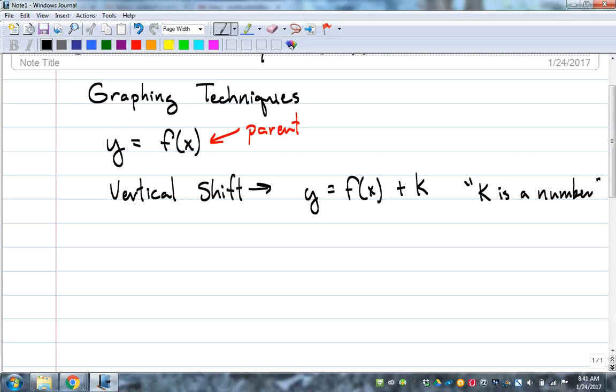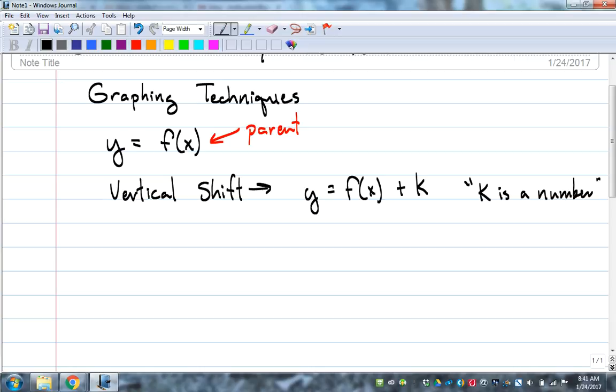Think about it like this: you're adding to what y is. So if you add or subtract to y, it's going to go up or down, right? So if it's plus a positive number, you're going to go up that number. If it's minus a number, you go down that much. Okay, so that's a vertical shift when it's a plus or minus something on the outside there.